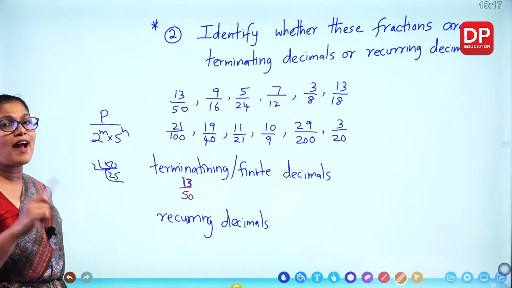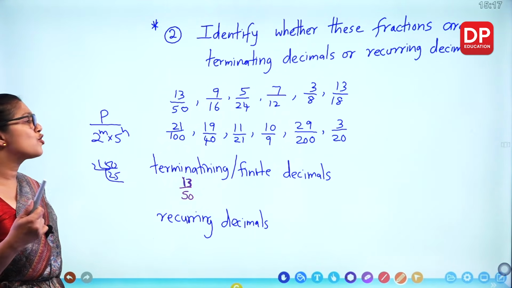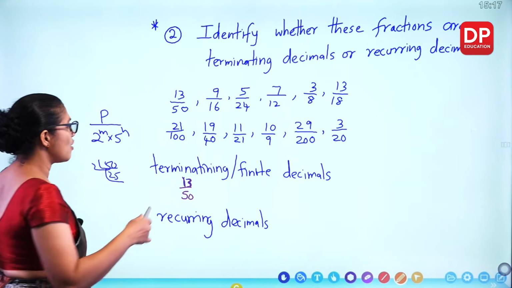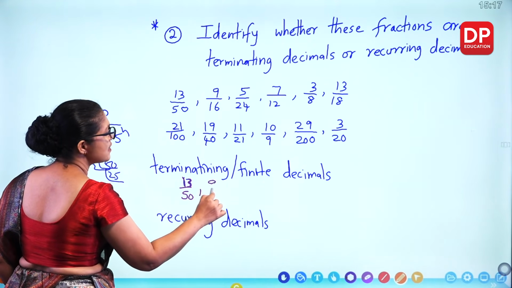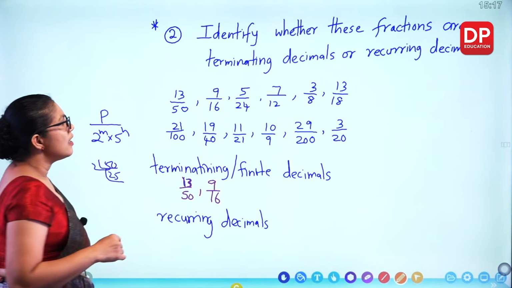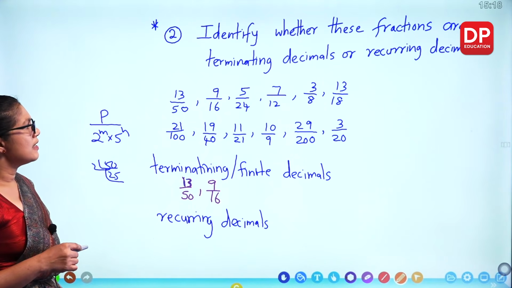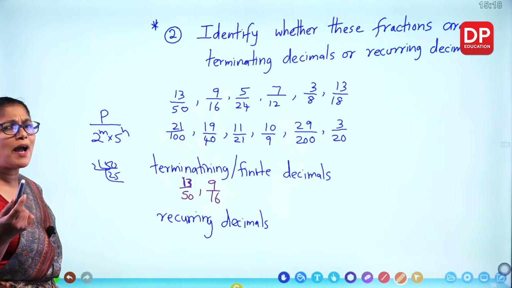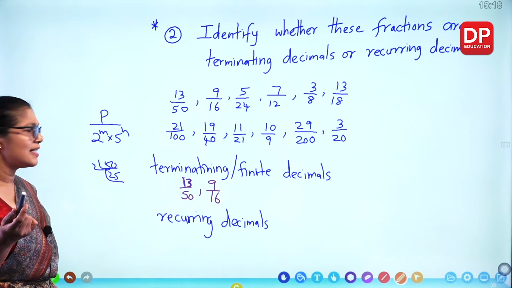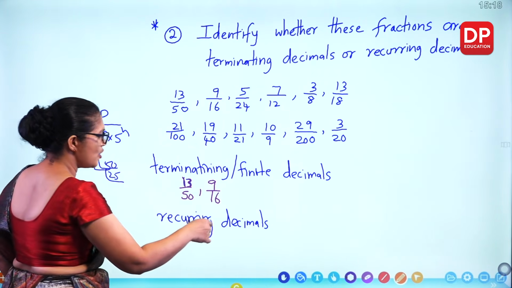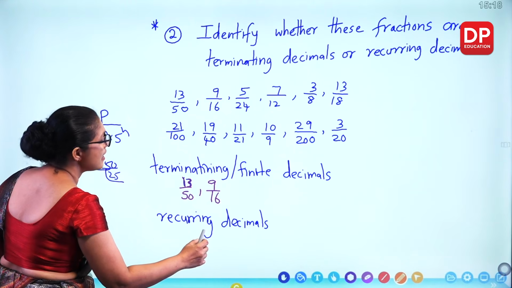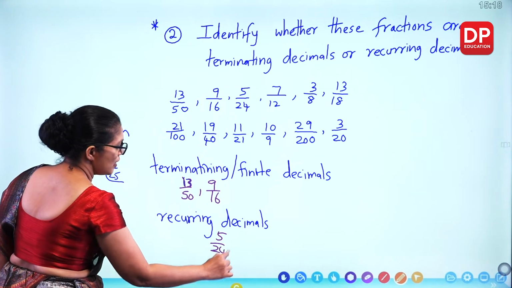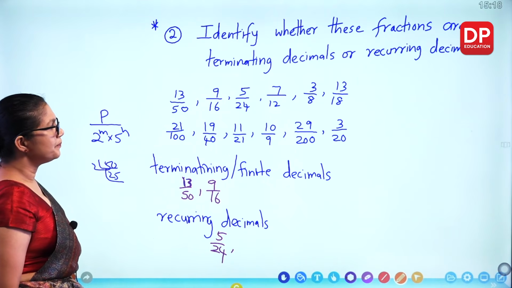So if you can write it as a multiple of 2 or 5, that's a terminating or finite decimal. So 9 over 16 is also a finite decimal. What about 24? 24 you can divide by 3. 3 is a factor. When you get 3, we know that's a recurring decimal. So 5 over 24 is a recurring decimal.